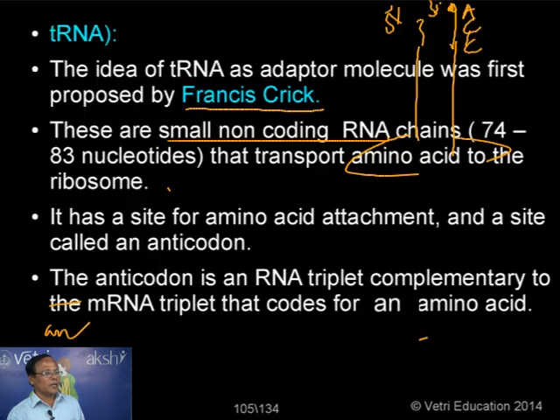The anticodon is an RNA triplet complementary to an mRNA triplet that codes for an amino acid. So the anticodon has a set of 3 nucleotides which form complementary base pairing with the triplet bases of the mRNA codon. This is the basis for protein synthesis.